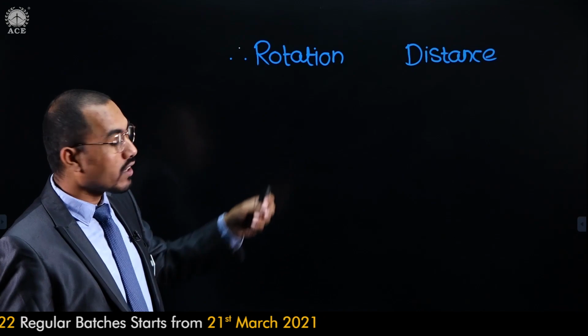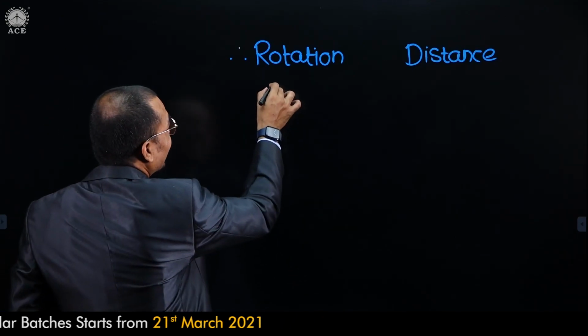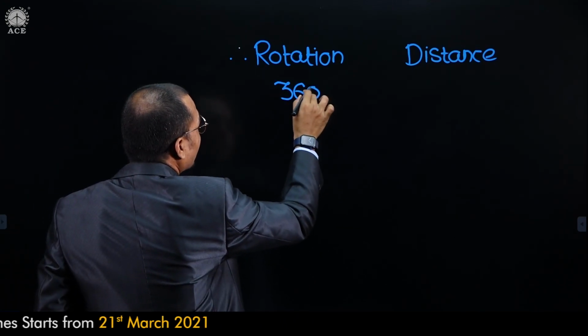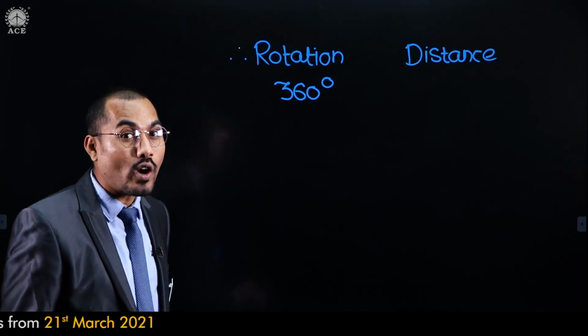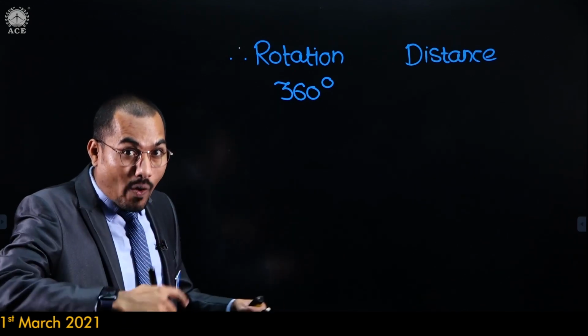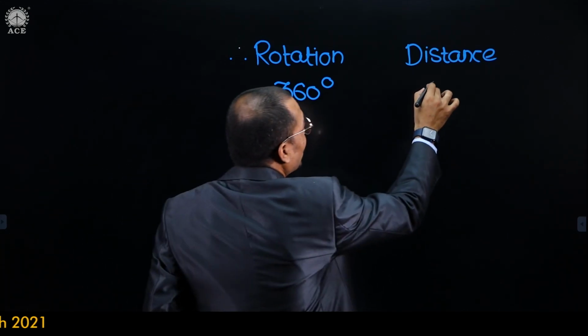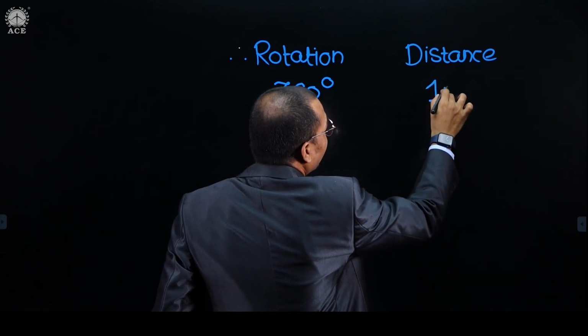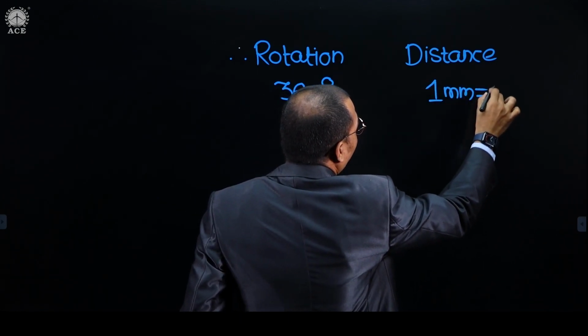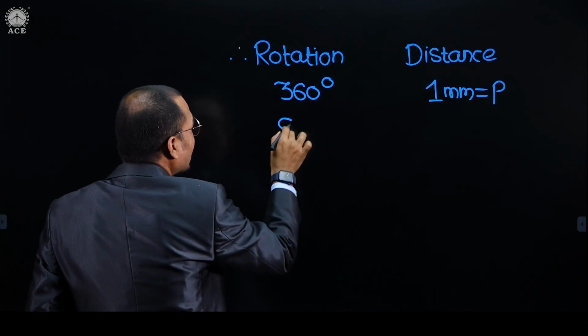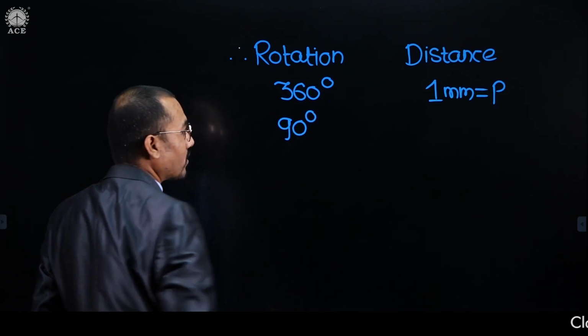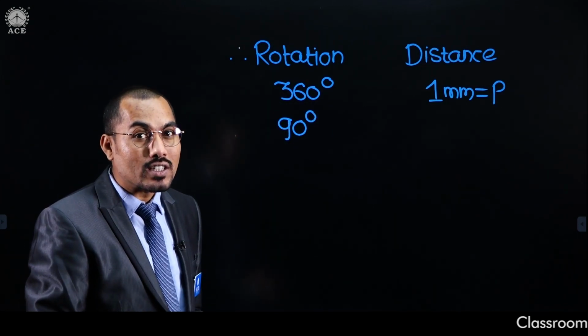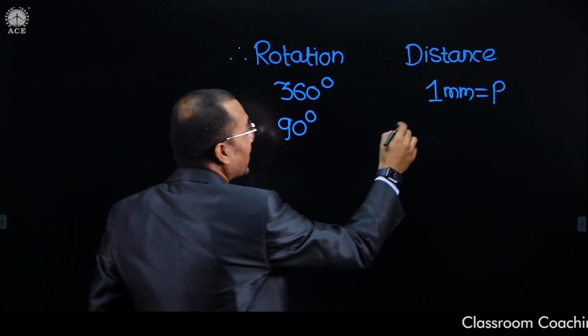So I know that if the rotation is 360 degrees, that is one rotation, in that one rotation the work table travels a distance of 1 millimeter, which is exactly equal to the pitch. Now, the backlash is 90 degrees, so that much distance is going to create a backlash.